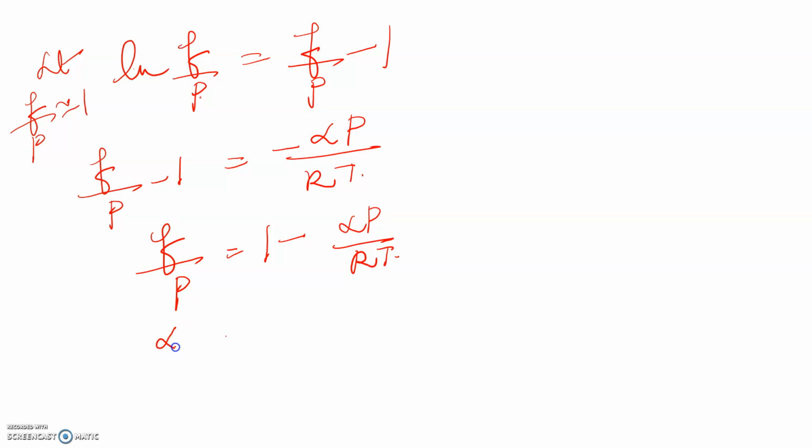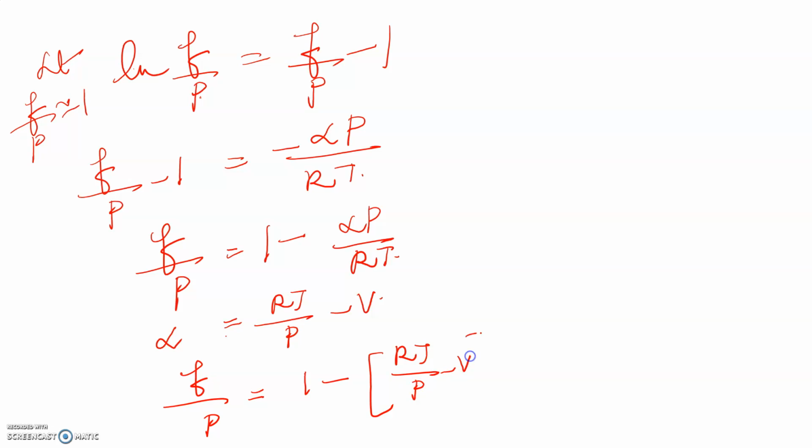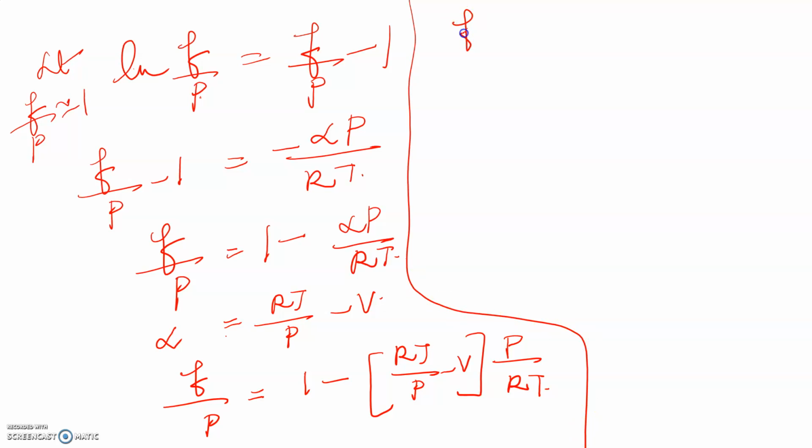But we have alpha is equal to RT by p minus V, or f by p is equal to 1 minus RT by p minus V into p by RT. This now becomes f by p is equal to 1 minus RT by p into p by RT, which is 1 minus pV by RT.